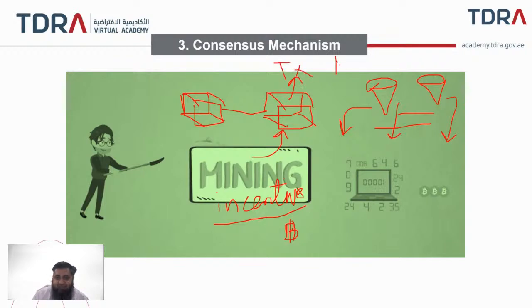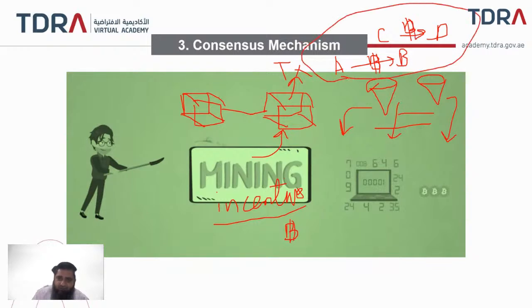Means person A paid some Bitcoins to person B, and similarly, C has paid some Bitcoins to D, and both these transactions are part of this block in the blockchain.